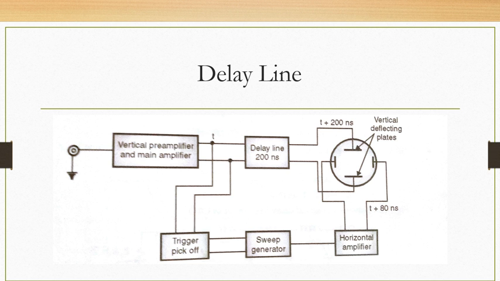So the delay line is used to delay the signal for some time in the vertical section. Generally a time delay of 200 nanoseconds is provided to observe the leading edge of the waveforms.